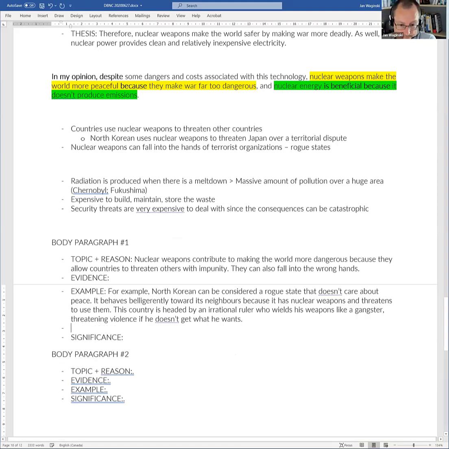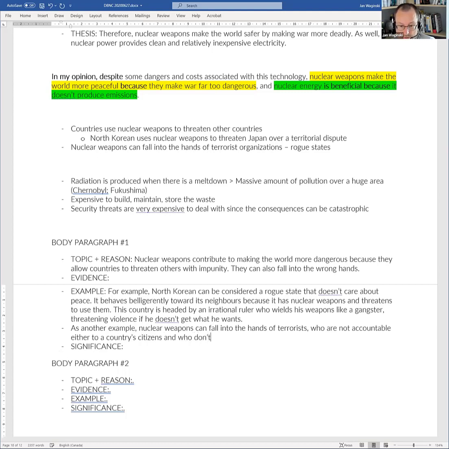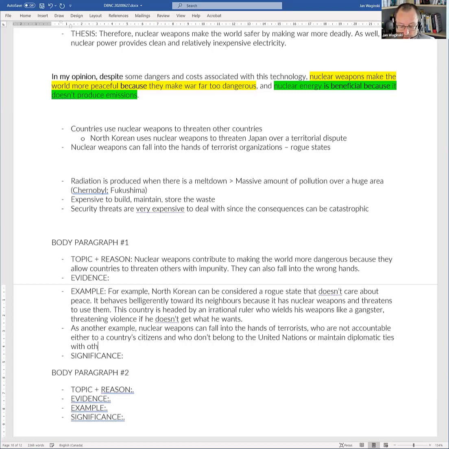As another example, nuclear weapons can fall into the hands of terrorists who are not accountable either to a country's citizens and who don't belong to the United Nations or maintain diplomatic ties with other countries.